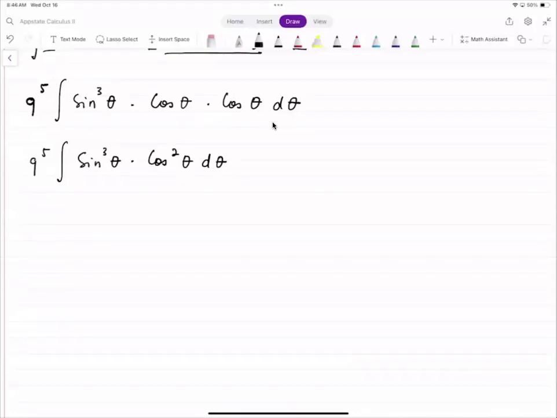Remember this is an odd power, and so we want to split that up. So we have 9 to the power 5 integral of, now this sine cubed theta can be written as sine squared theta times sine theta times cos squared theta d theta.